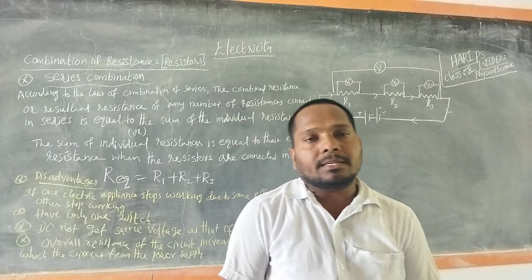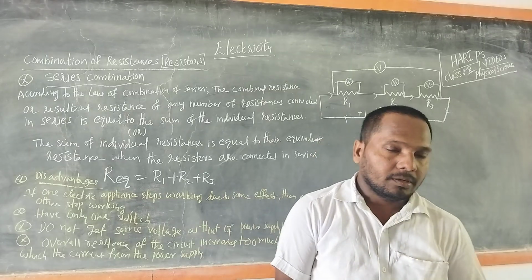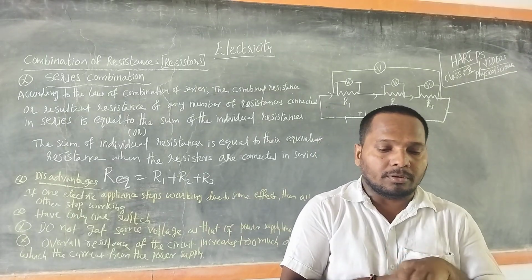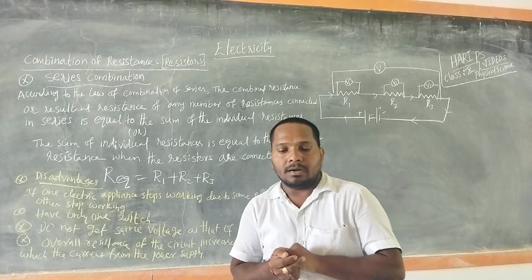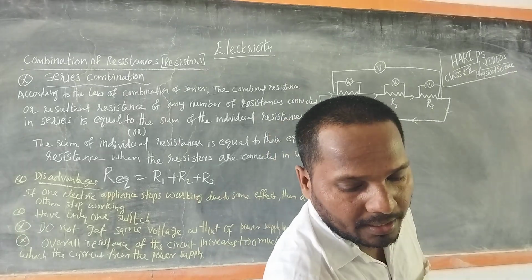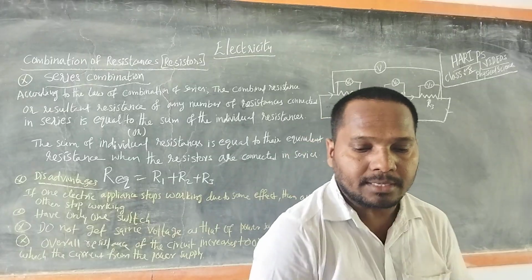As we discussed earlier about the electric circuit, in an electric circuit the resistors are the components like consumers, bulbs, or any electrical appliances.